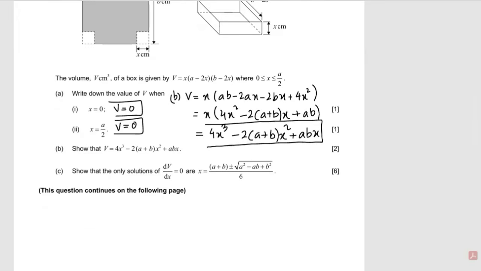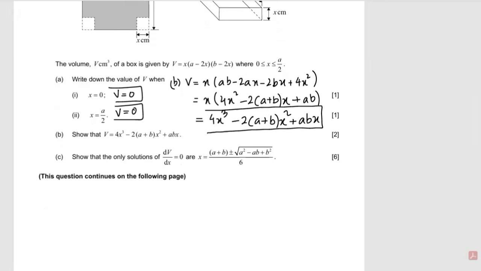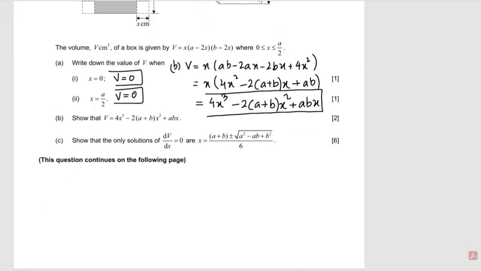Let's take a look at part C. Show that the only solutions of dV over dX equals 0 are X equals this. So I need to differentiate the expression I got in part B. This will be dV over dX equals 12X squared minus, let's write it like 4(A plus B)X, plus AB.